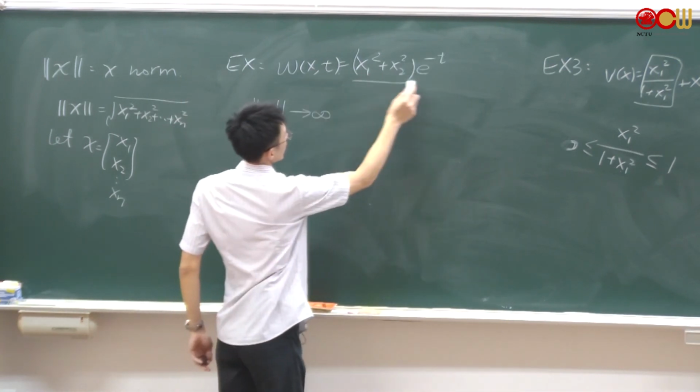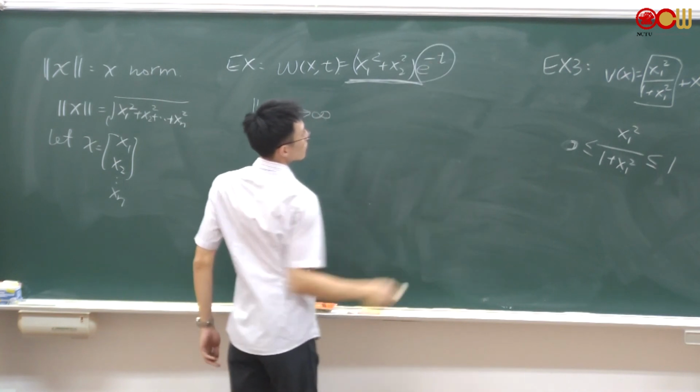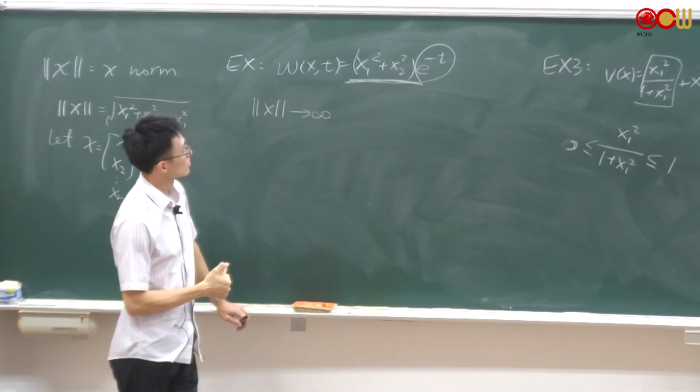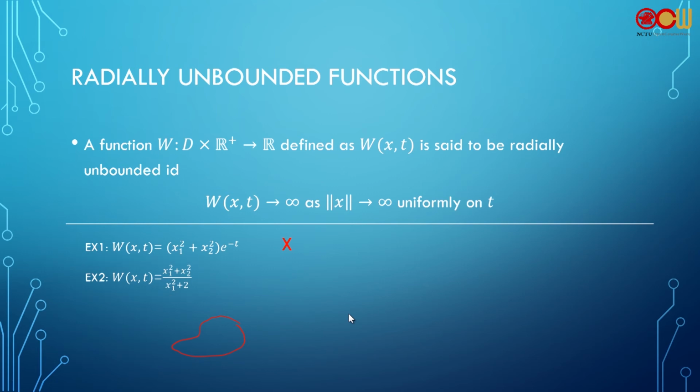So this term will go to infinity for sure, right? But if we multiply these terms, it's hard to say. And how about this one? It doesn't explicitly depend on time, right? But is it radially unbounded?